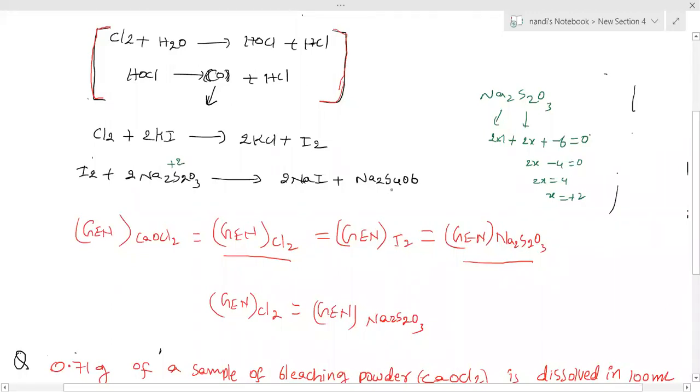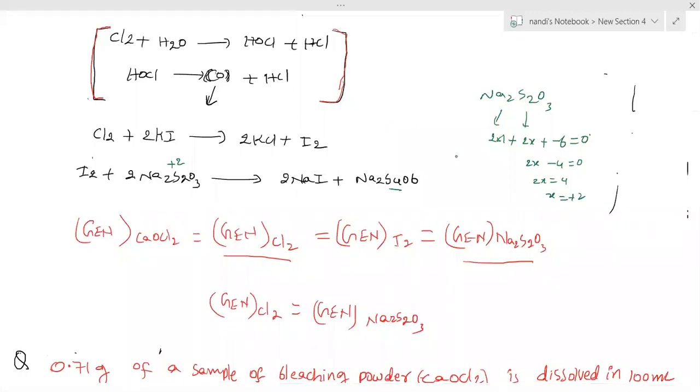What about sulfur here? Can you try it? HOCl is hypochlorous acid.